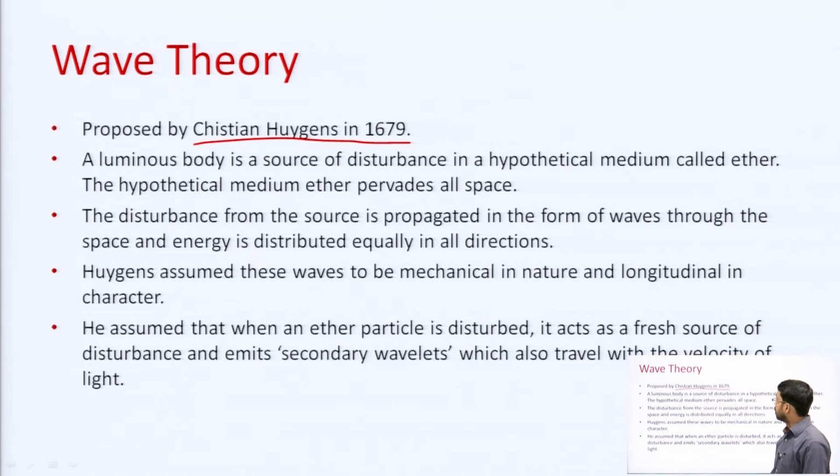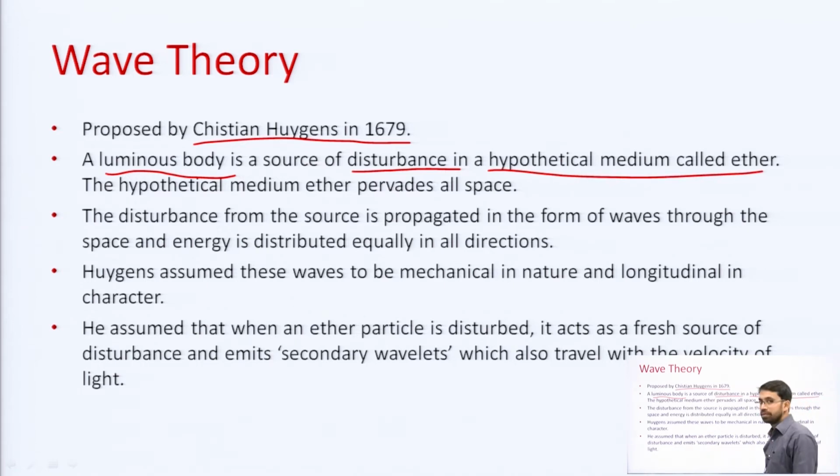So, what did he propose? A luminous body is a source of disturbance, a source of energy, that is emitting energy, or we can say disturbance, in all the directions, in a hypothetical medium called ether. He also assumed that this whole universe is filled with the hypothetical medium ether, because light rays or a wave needs a certain medium to travel.